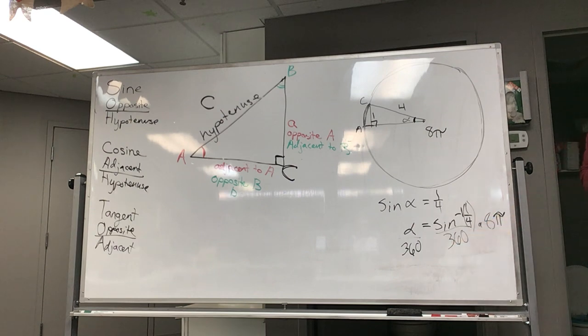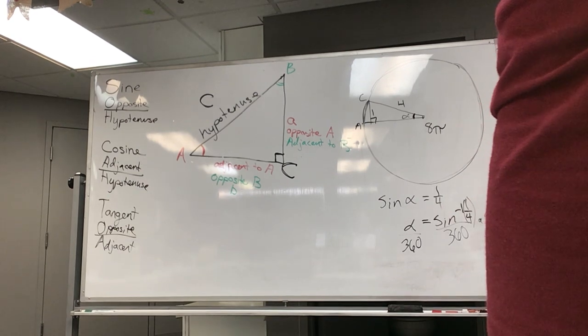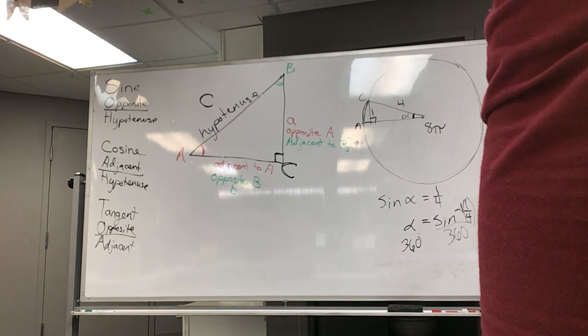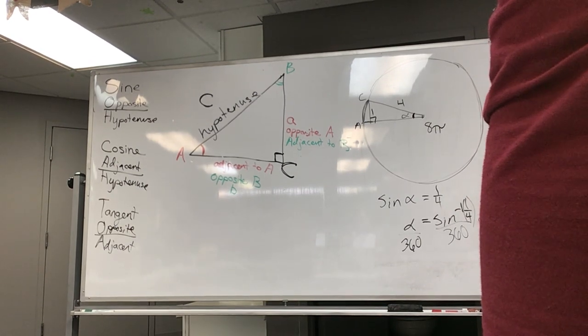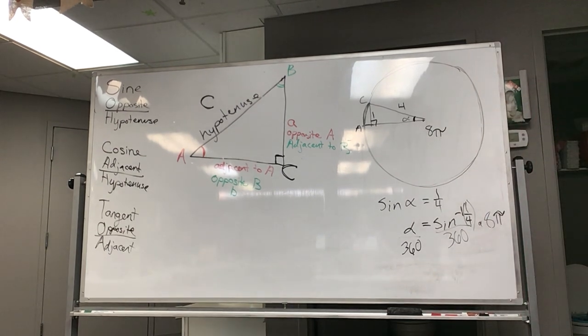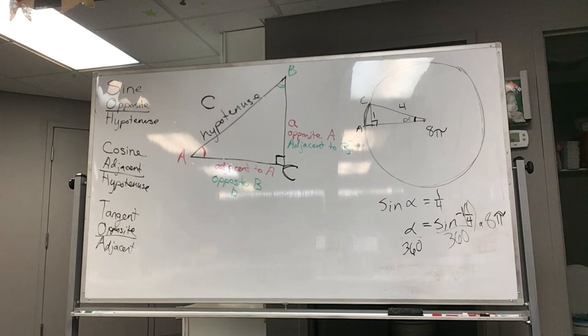The 8 and the 360, I believe, simplify down. What is 8 divided by 360? Point 0222. But as a fraction, does it? Okay. That sounds better.